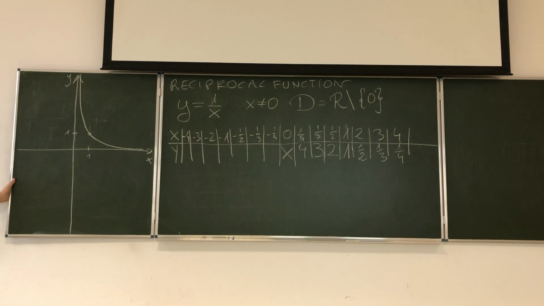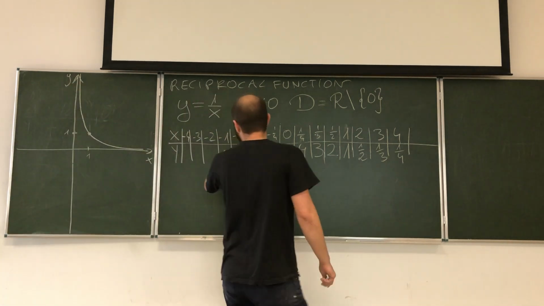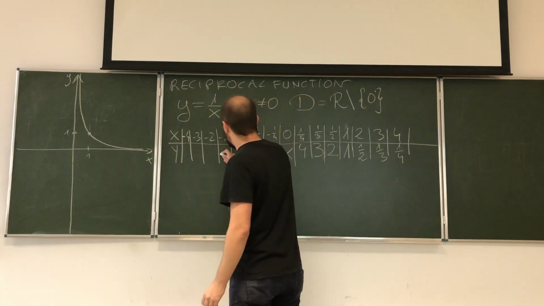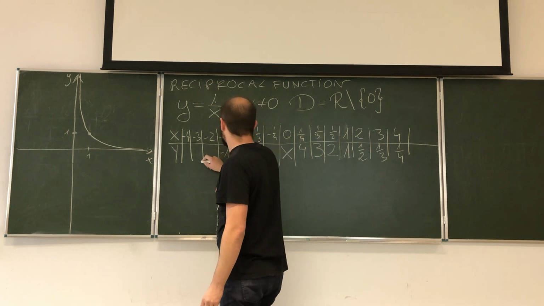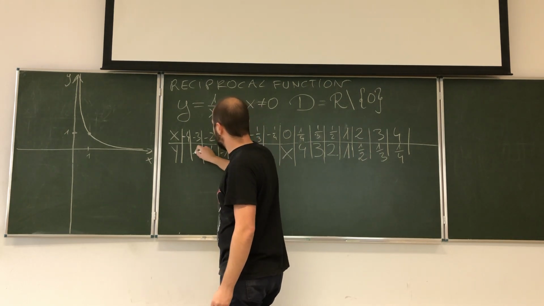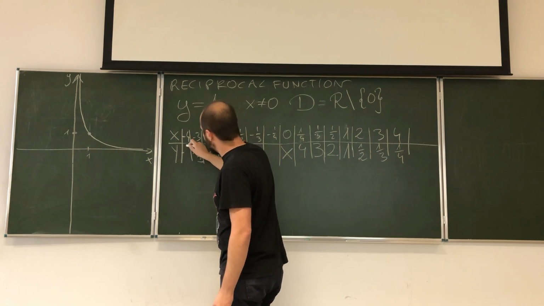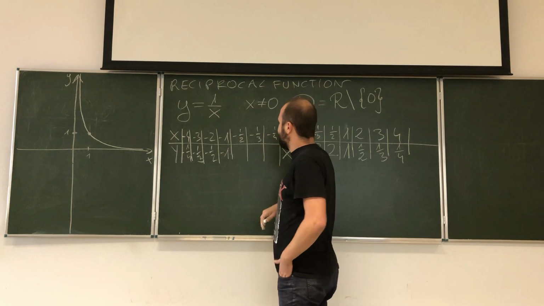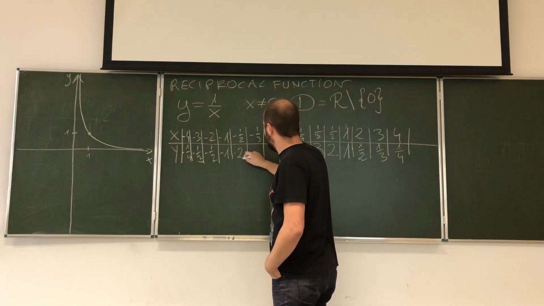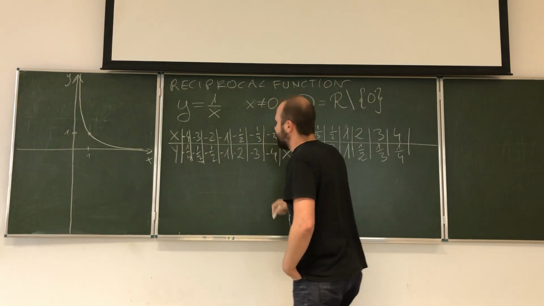But this is only the first part. Now let's tackle the other one. If x is negative 1, y is negative 1. If x is negative 2, we get negative 1 over 2, negative 1 over 3, negative 1 over 4. Then, if x is negative 1 over 2, we get negative 2, negative 3, and negative 4.